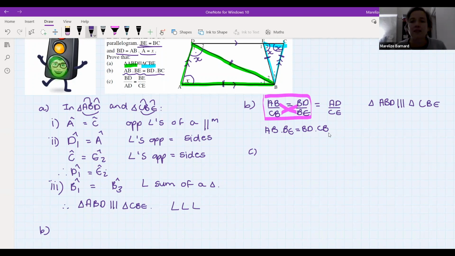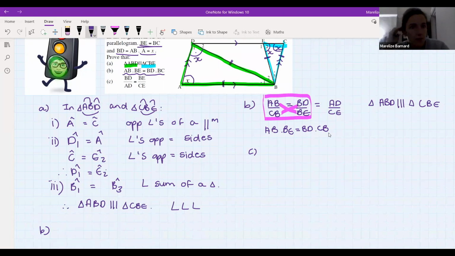Don't get distracted by the rest. AD over CE, again, we're not using it here. We are only using AB over CB and BD over BE. So AD over CE is still there. We're just not using it to answer this question, but it's still there. Maybe we're going to use it in the next question.